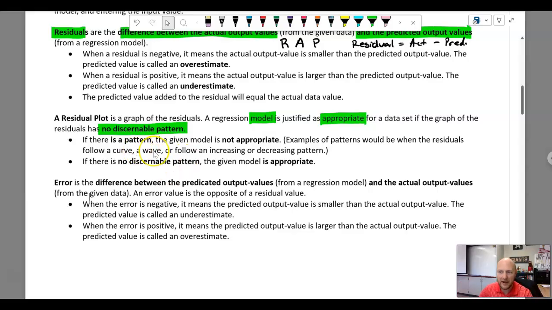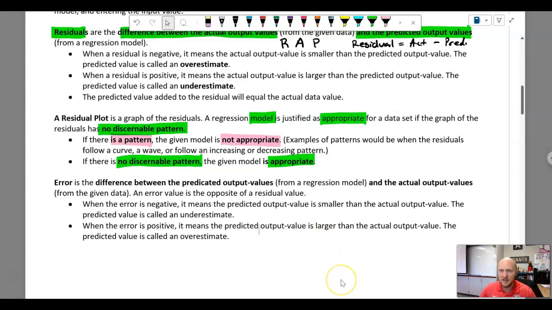If there is a pattern, then you're having a bad model because the data is telling you there is a pattern, but your model is not fitting that pattern, and it's not appropriate. So remember, pattern bad, no pattern good. Okay, so that's what you need to remember for this lesson.